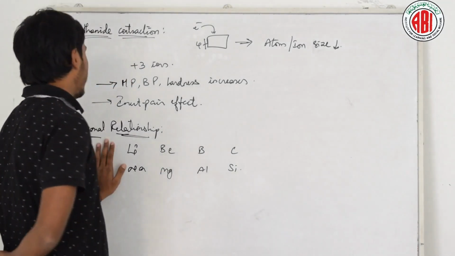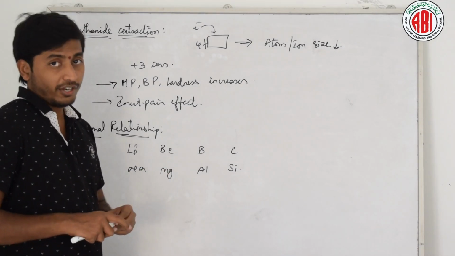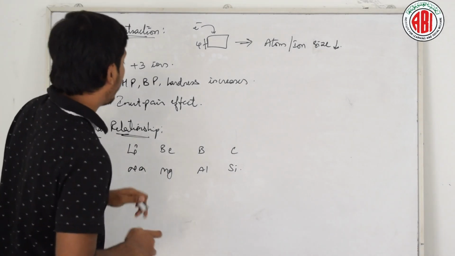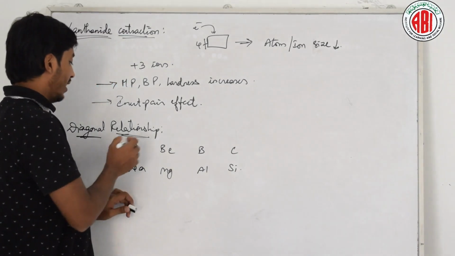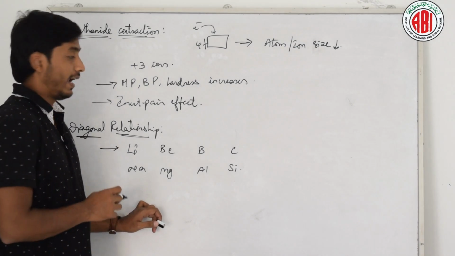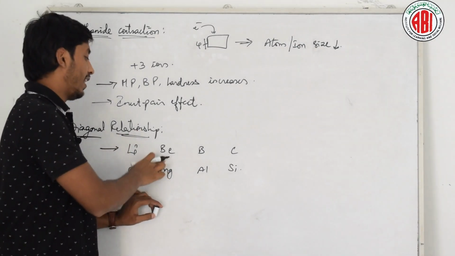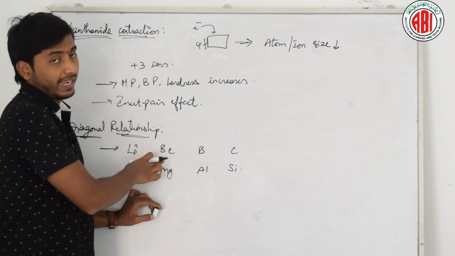And one more thing is diagonal relationship, right. If we observe the periodic table, there are a few elements where lithium is in the second period and the first group, whereas beryllium is in the second period and the second group.